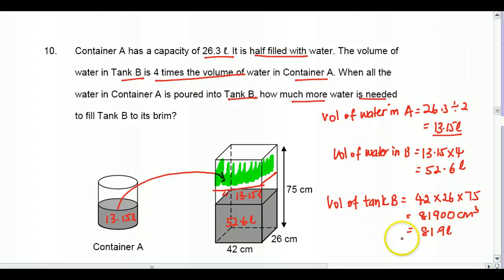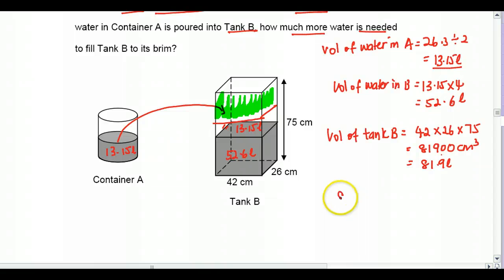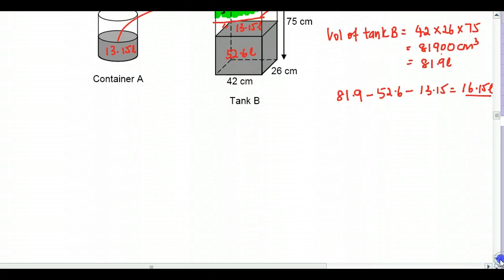So how much water would I take? 81.9 minus 52.6 minus 13.15. My answer would be 16.15 liters. So how much water is needed? It is 16.15 liters.